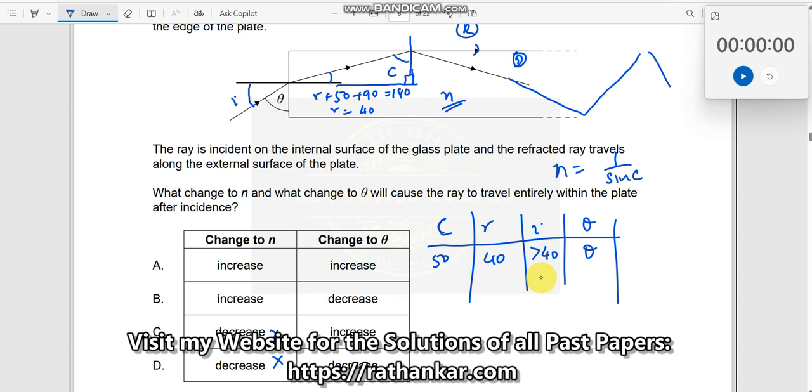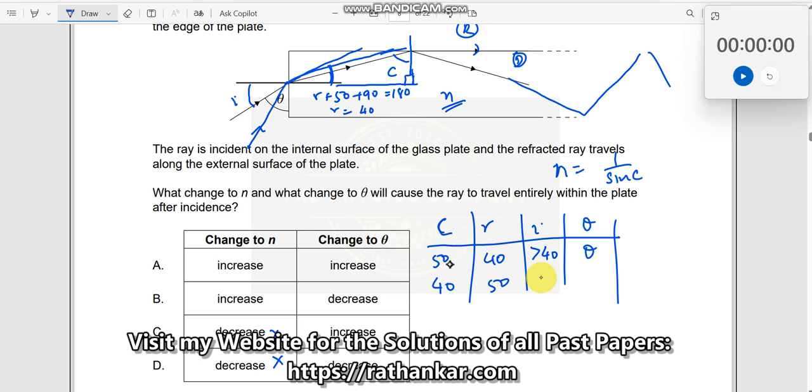Now suppose I have a ray which is now incident at a larger angle here, which means your angle of incidence over here is like this. If it is like this, then this would have gone somewhere over here, and the value of r is increasing. Let me put r as 50 over here. If the value of r is 50, then 50 plus 90 would be 140, and this value of I would be 40.